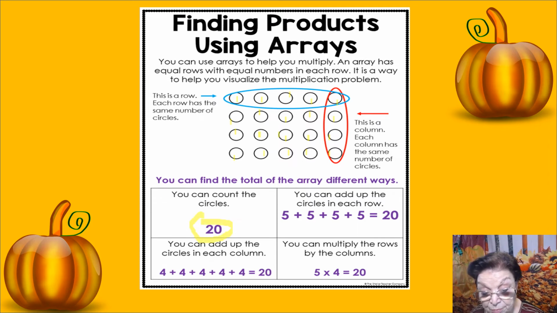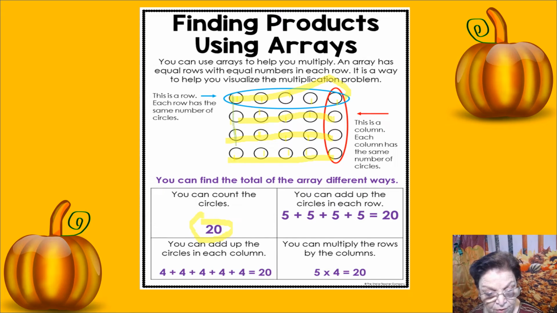You can add up the circles in each row. You can say, okay, there's 5. 5 more is 10, 15, and 20. Or you can add up the circles in each column. Doesn't matter which one you add up.